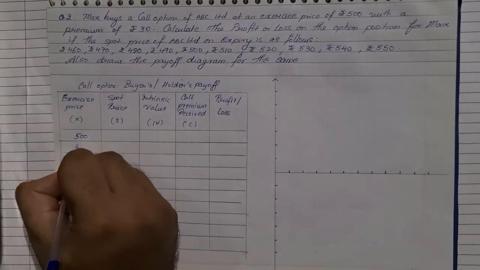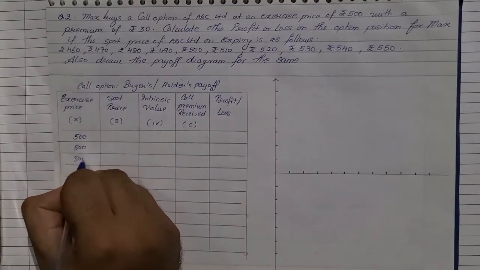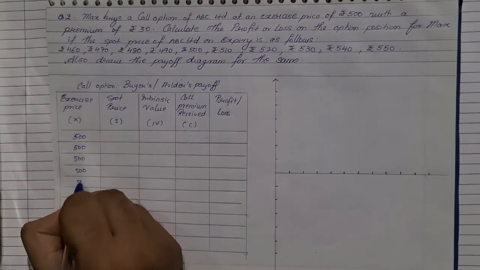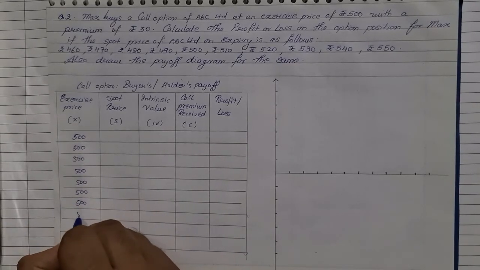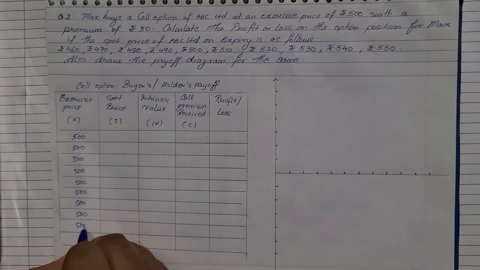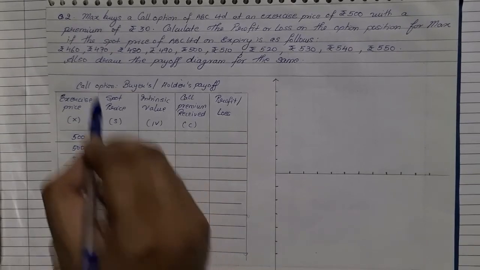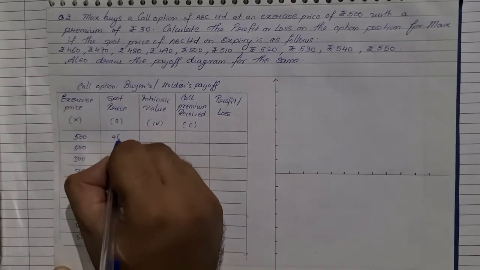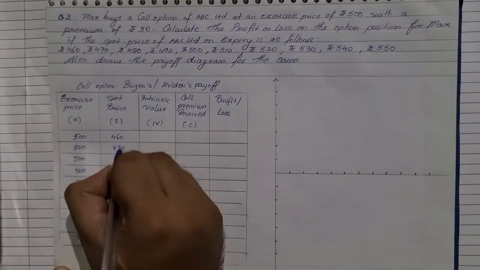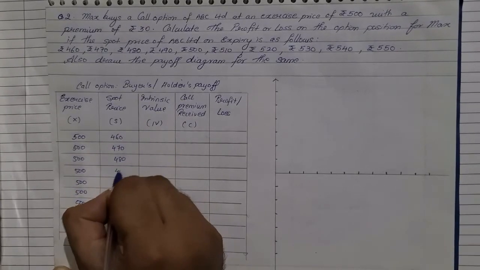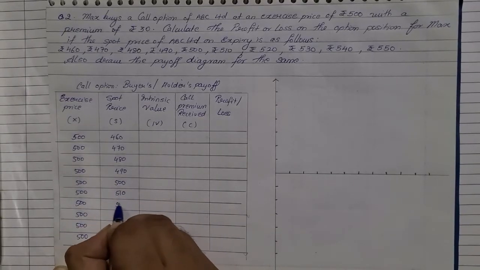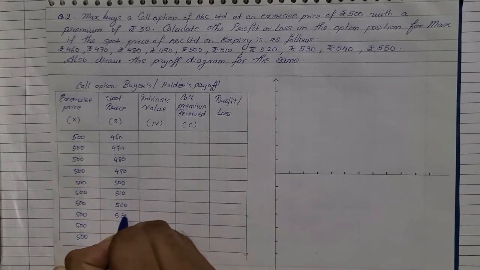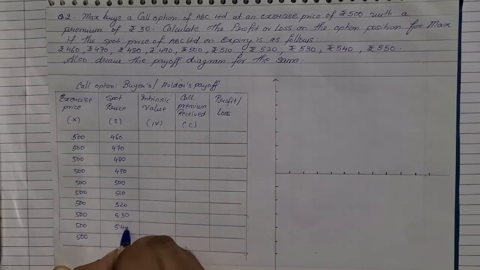So we have 500, first, second, third, fourth, fifth, sixth, 7, 8, 9 and 10. The spot prices are given to us, so it's ranging from 460, next is 470, 480, 490, 500, 510, 520, 530, 540 and the last one is 550.